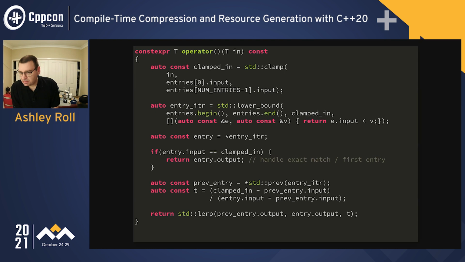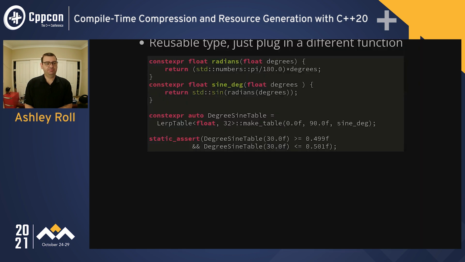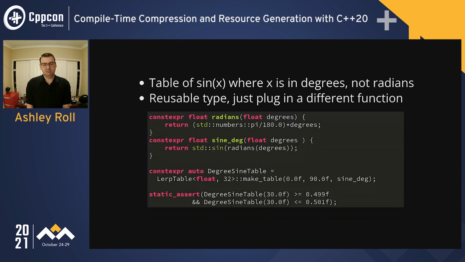Sorry, there's a question here. Is there a reason you're using constexpr rather than consteval, which will guarantee this gets executed at compile time? The only reason I'm not is I will look at that sort of stuff in later slides. So yes, you could make that consteval, and I think what we're talking about is the constexpr auto degree sine table thing.